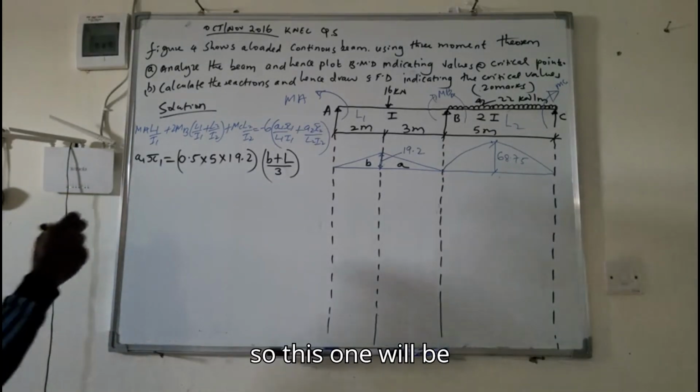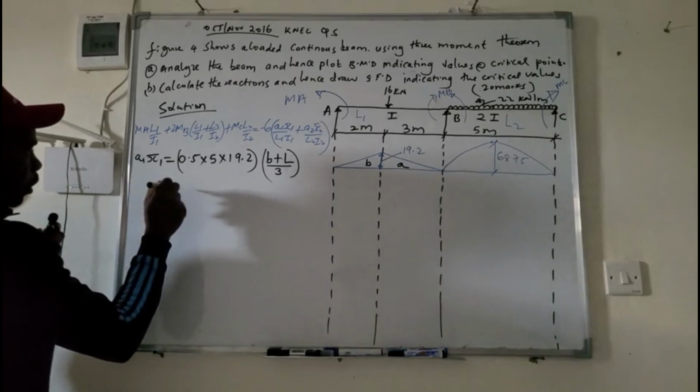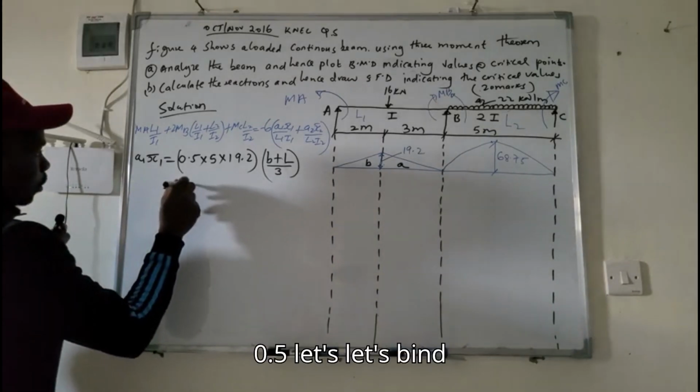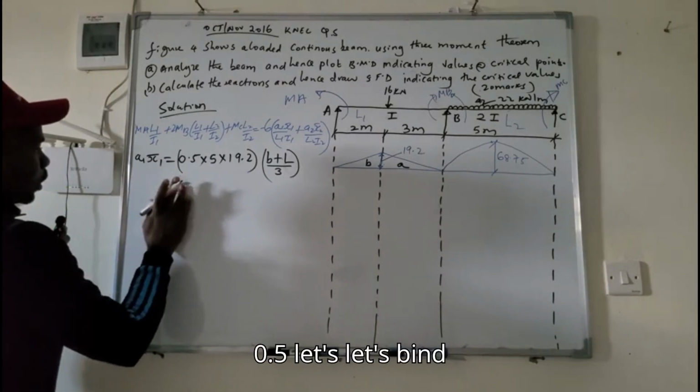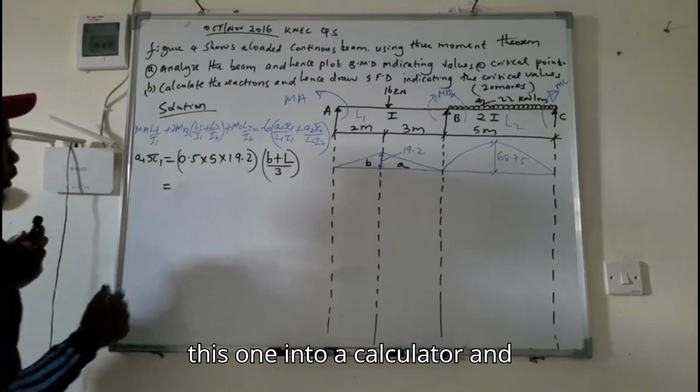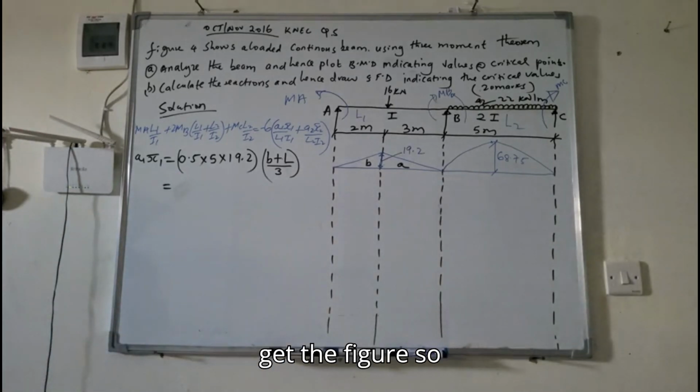Let's punch this into a calculator and get the figure. 0.5 times 5 times 19.2 is 48.